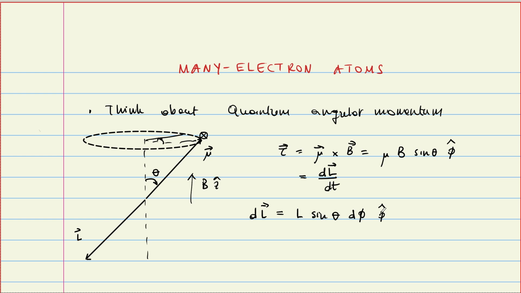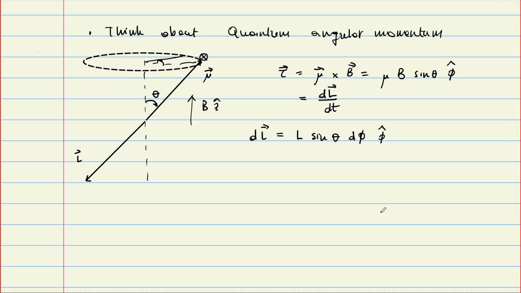Hopefully, if you didn't know spherical polar coordinates, this is also a good point for you to learn it. No prerequisite is required. I'm introducing everything. If you don't know, please ask. Then I can consider this d phi dt, and it is going to be what?